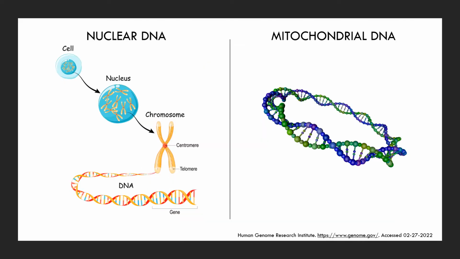In the image on the left, we can view the typical nucleus-encoded DNA wrapped around histones, which is tightly packed into chromosomes. As it unravels, we can appreciate the characteristic linear structure, which resembles a twisted ladder held together by 4 nucleotide bases: adenine, cytosine, guanine, and thymine.